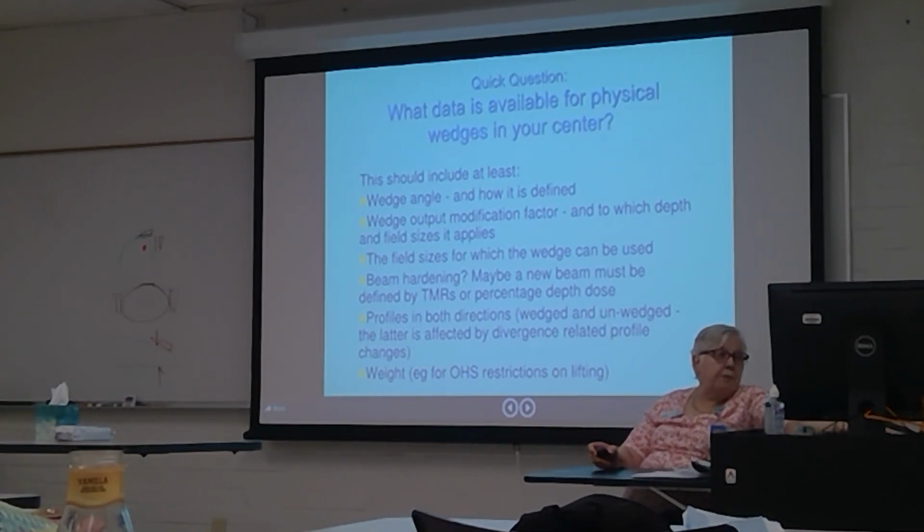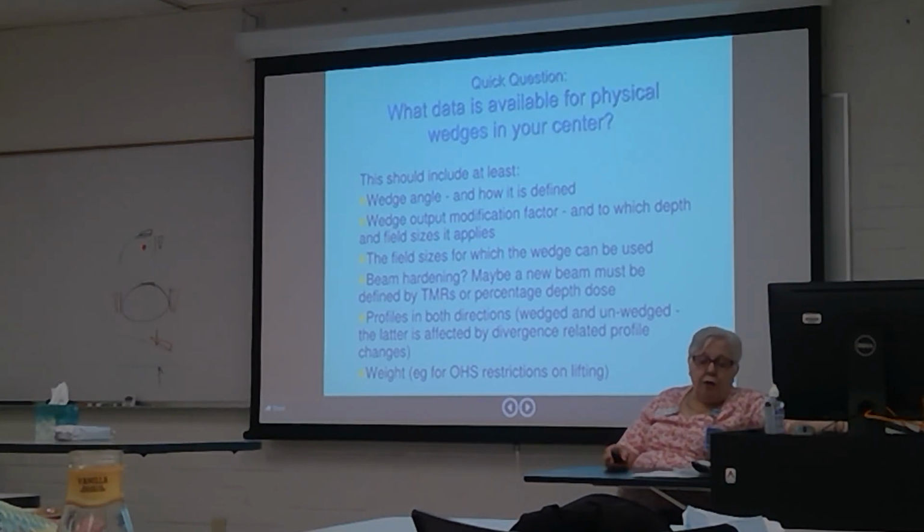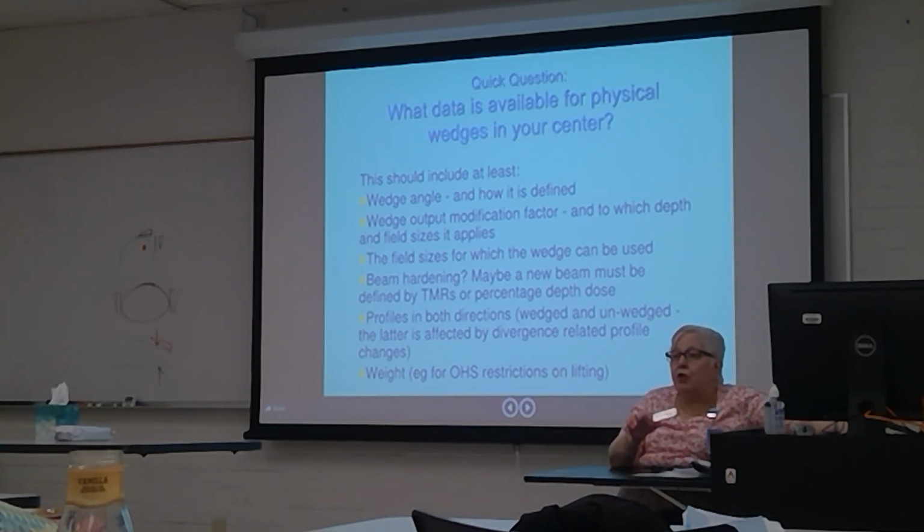Field sizes, wedge be used. Field sizes for the wedges are always lower. As you go up from 15, the physical wedges are 15, 30, 45, 60. Those are the 4 wedges.